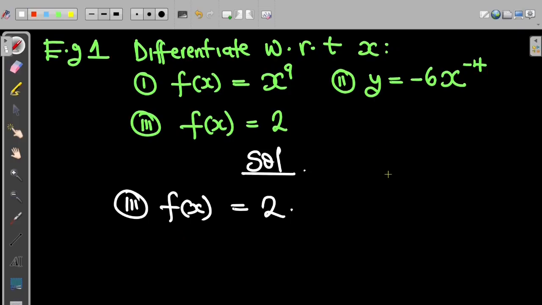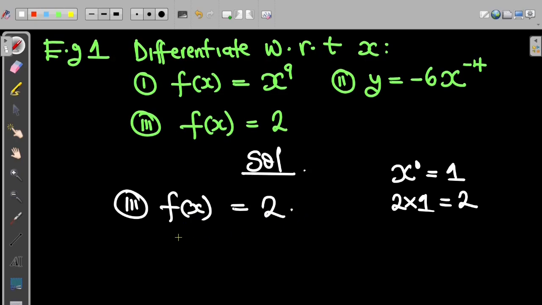Now recall that x to the power of 0 is equal to 1, and 2 times 1 is equal to 2. So therefore, I can say that 2 times x to the power of 0 will still be equal to 2.